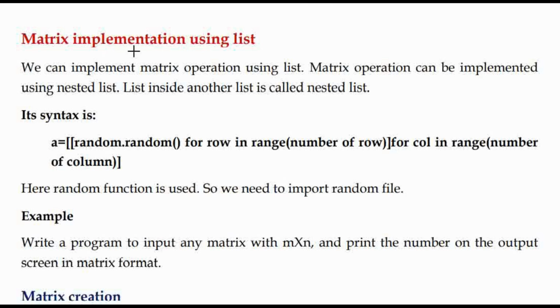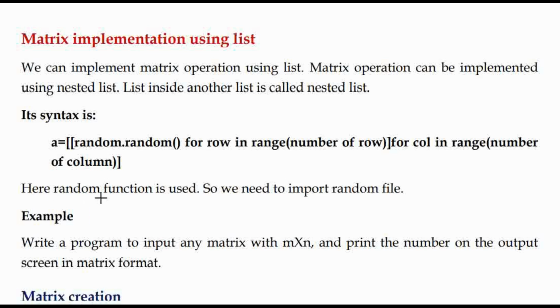Matrix implementation using list. We can implement matrix operations using list. Matrix operations can be implemented using a nested list. A list inside another list is called a nested list. Its syntax is A is equal to random.random function for row in range number of rows, for col in range number of columns.